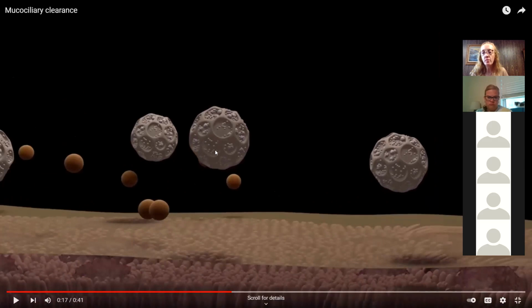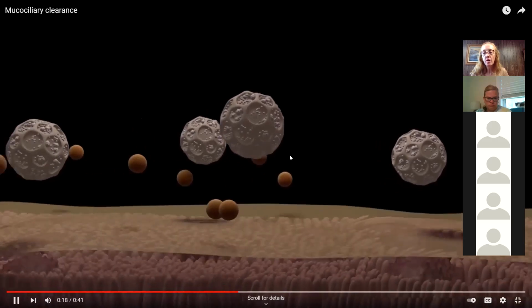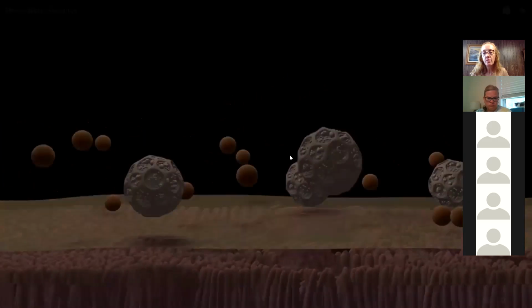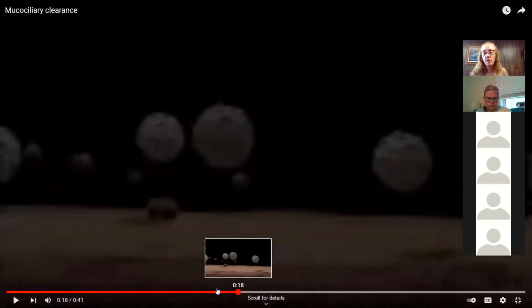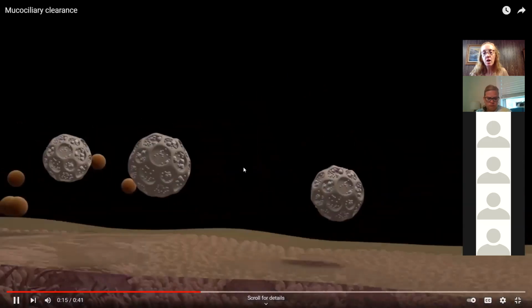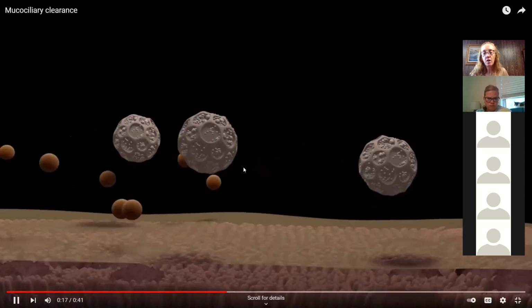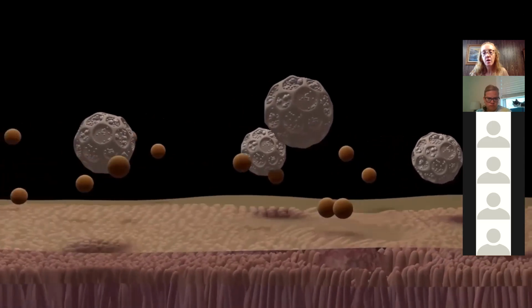These foreign particles, these are bacteria, looks like it. And a mucus lining, and things are propelled along the surface.